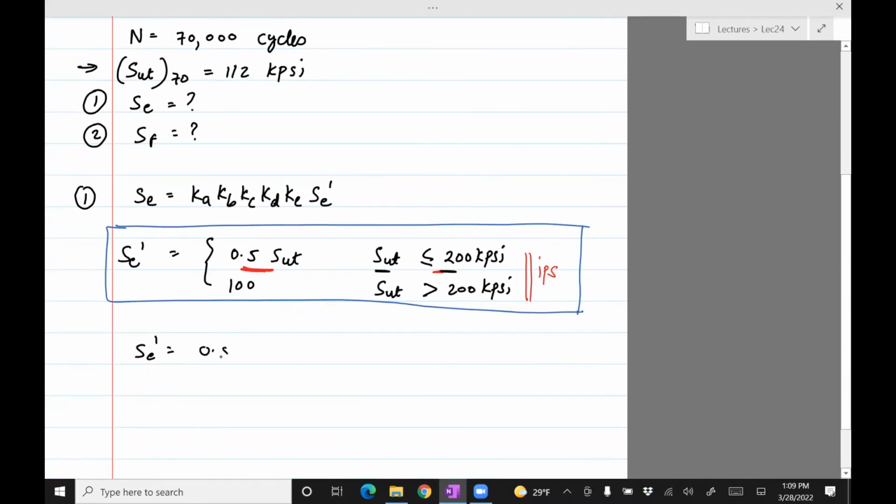So this is going to be 0.5 SUT, which is 0.5 times 112, which I think is 60. Okay, so it's 56.